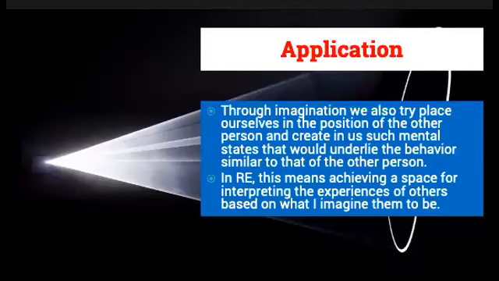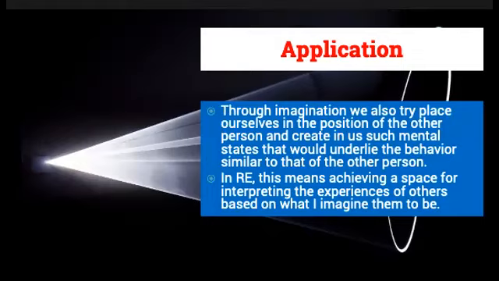Through imagination, we also try to place ourselves in the position of the other person and create in us such mental states that would underlie the behavior similar to that of the other person. In religious experiences, this means achieving a space for interpreting the experiences of others based on what I imagine them to be.